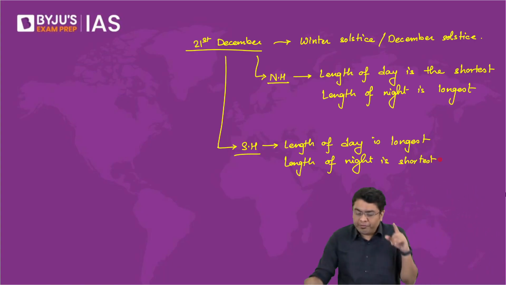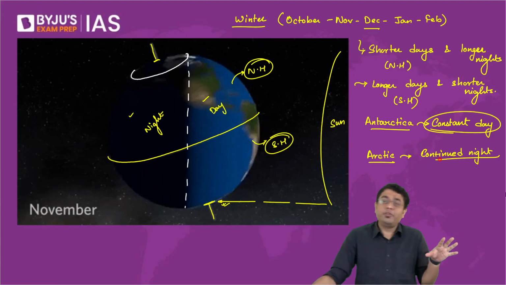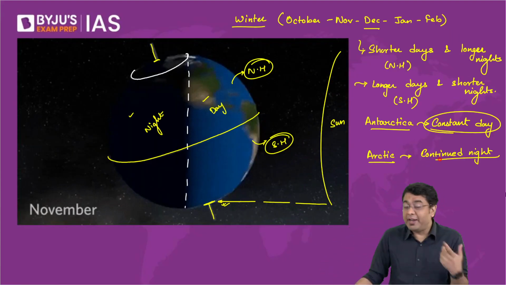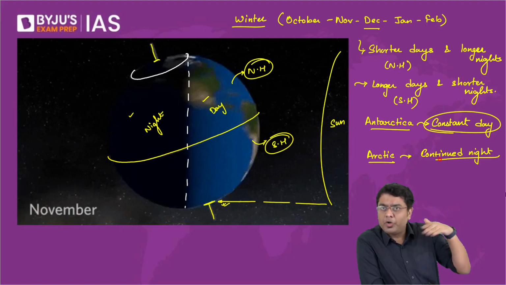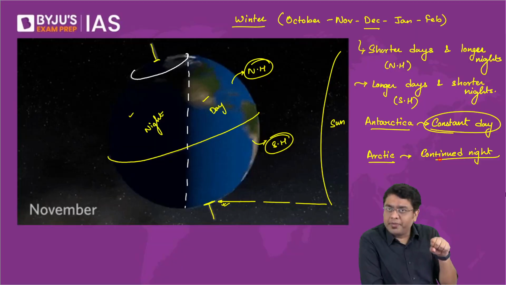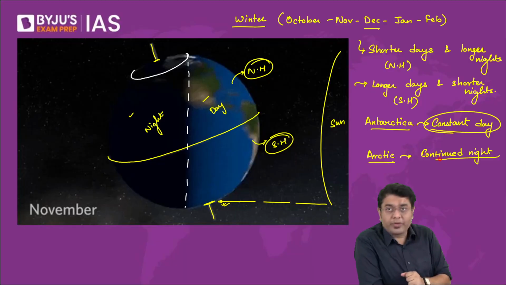Okay, so very quickly, let me tell you a recap of what is experienced during the winter months that we experience in northern hemisphere. We in India, we are in northern hemisphere. That is because we are above equator, to the north of equator, hence northern hemisphere. Now here you will observe that during the winter condition, it appears as if the northern hemisphere is tilted away from the sun. It is the southern hemisphere which appears to be tilted towards the sun.